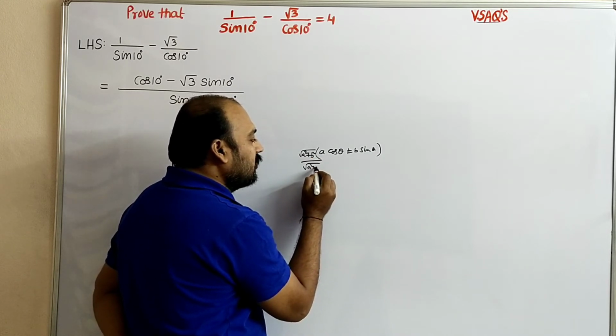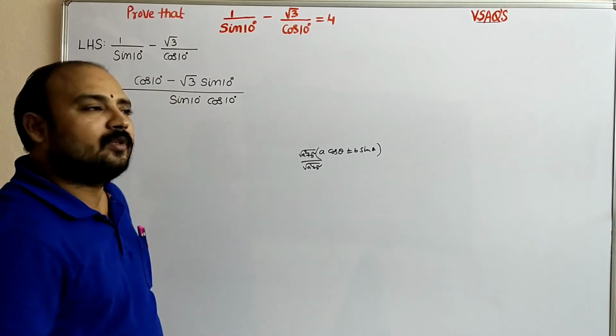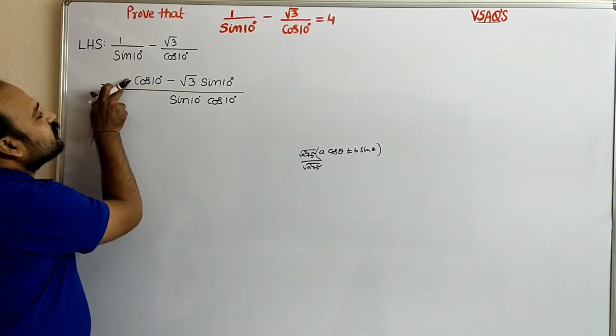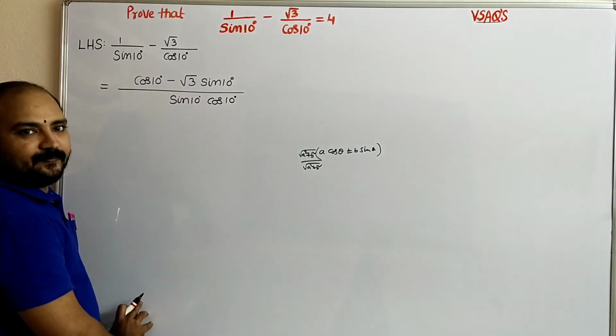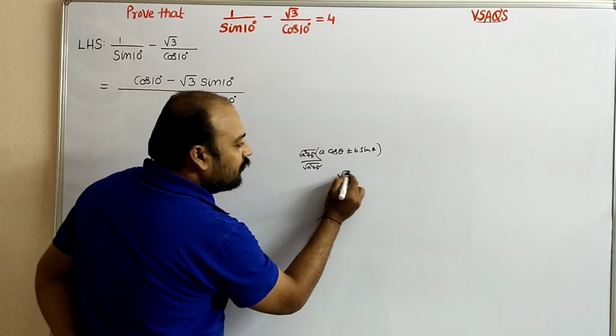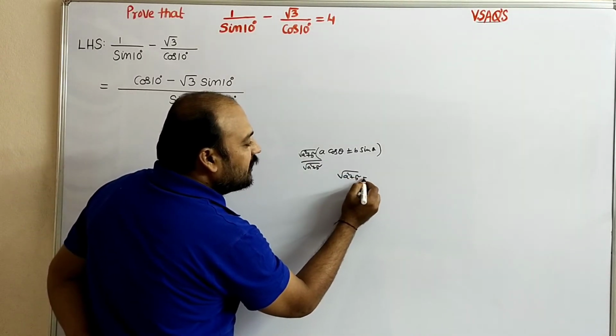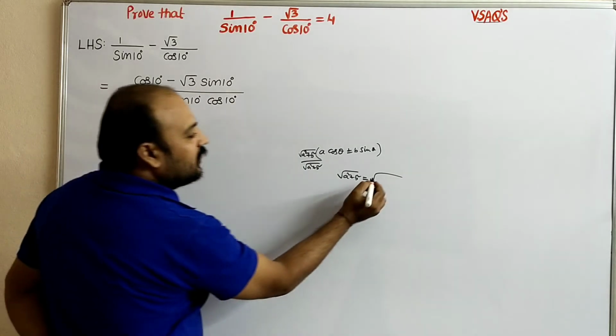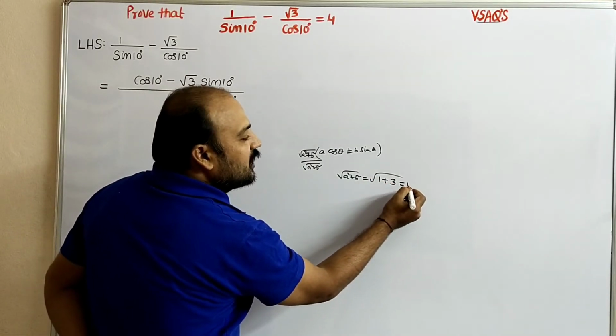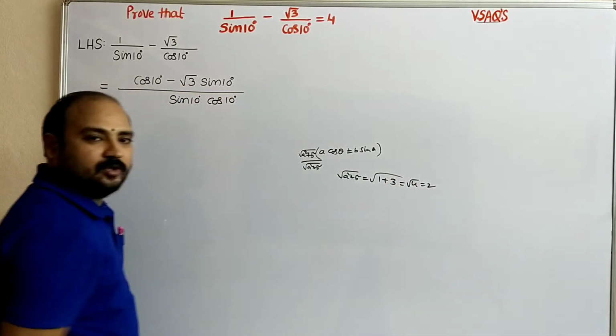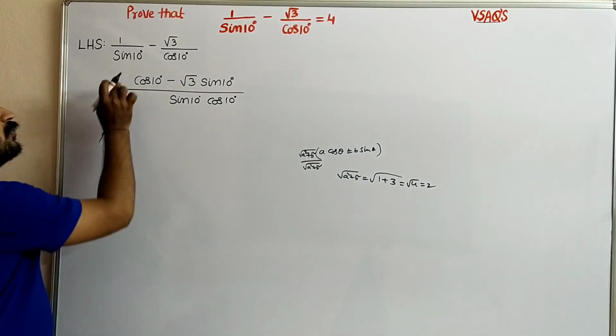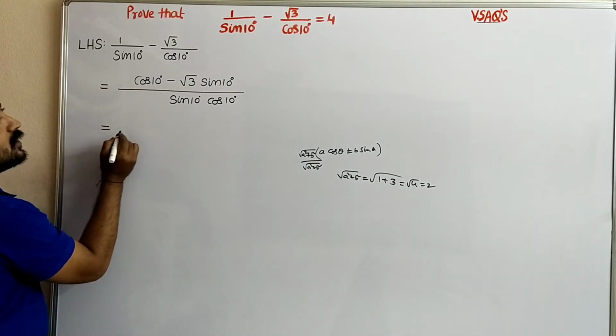You remember that, all of you. So here a value is 1, b value is root 3. So root of a square plus b square becomes root of 1 square plus root 3 whole square, which is 3, root 4, which is equal to 2. So that is the reason we are multiplying and dividing by 2.